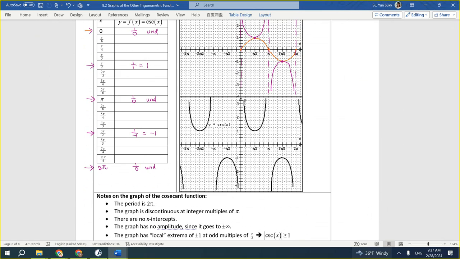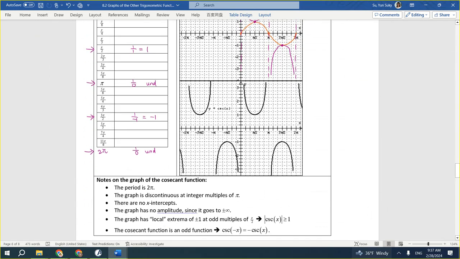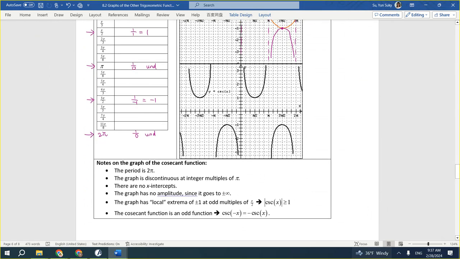It has no amplitude because it goes to infinity, minus infinity. And it also has local extrema, local minimums, local maximums. This is symmetric with respect to what? Yes, symmetric with respect to the origin. So this is an odd function.